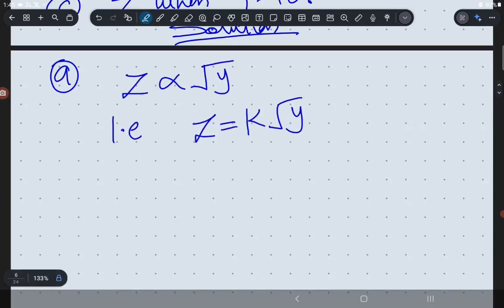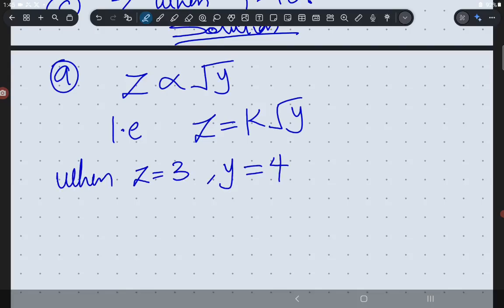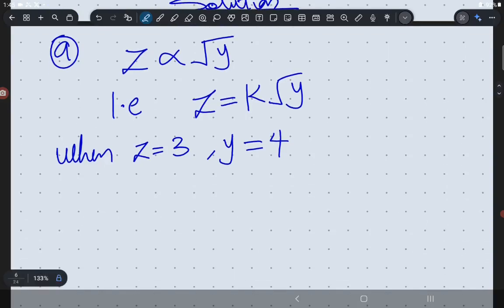Now we are given the values of y and z: when z is equal to 3, y is equal to 4.